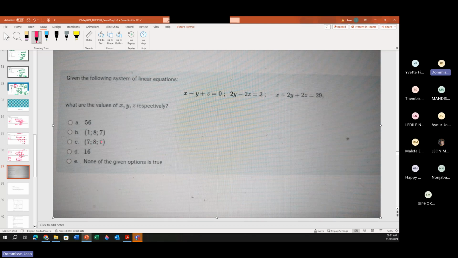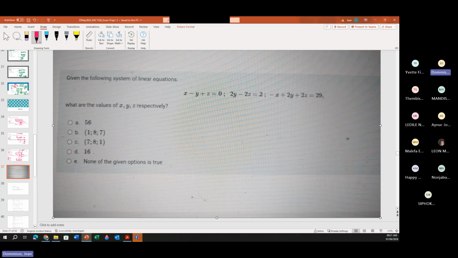So 7 plus 8 plus 1 could have given you 16. So again, just be careful when you answer this as to what the question is or what they want in the end.